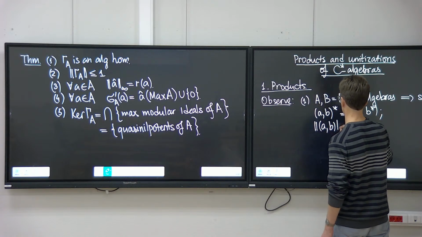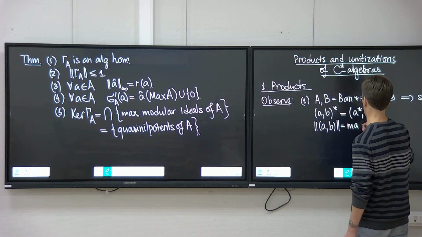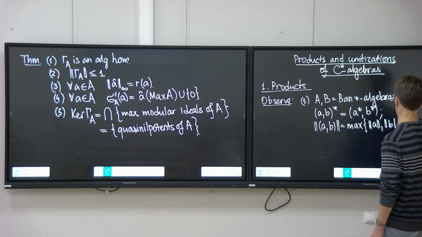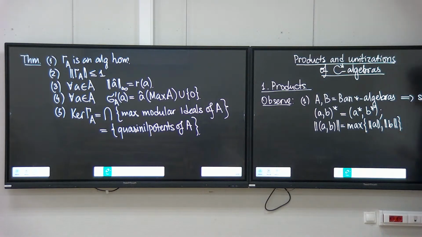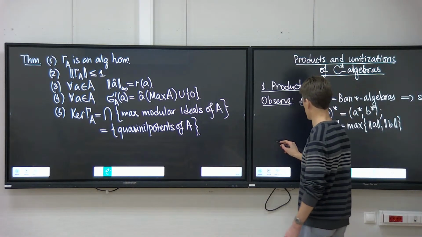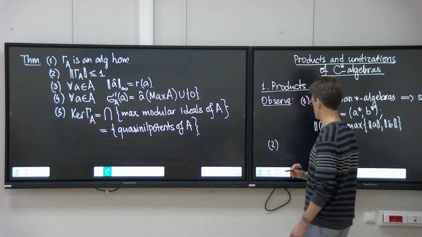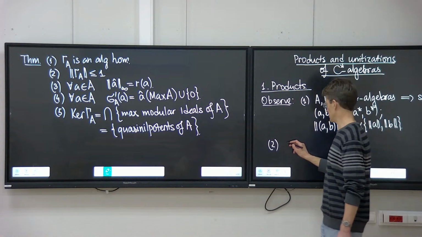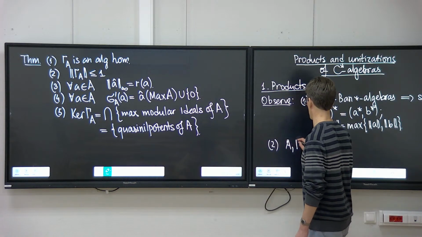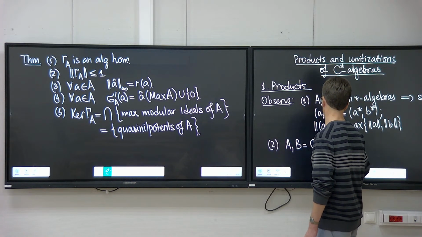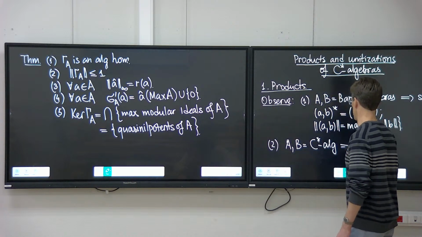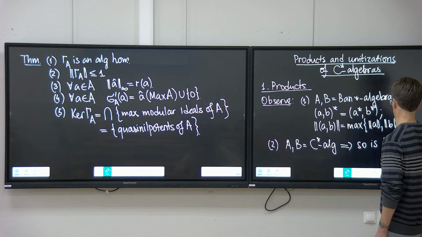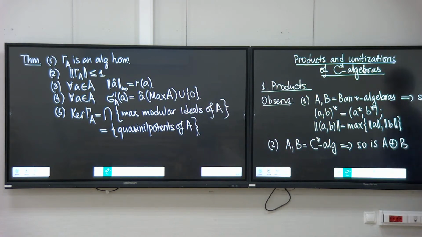The norm of a pair (a, b) is the maximum of the norm of a and the norm of b. And so A plus B becomes a Banach star algebra. And moreover, it's a very simple exercise to show that if A and B are C-star algebras, then the direct sum is also a C-star algebra with respect to this norm.